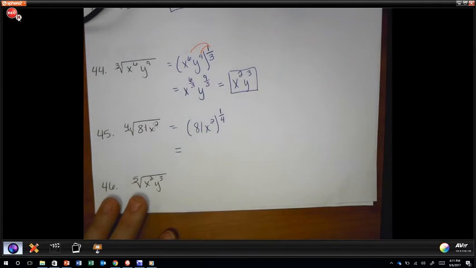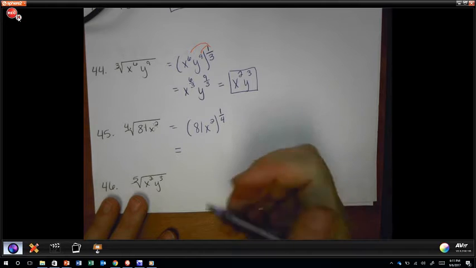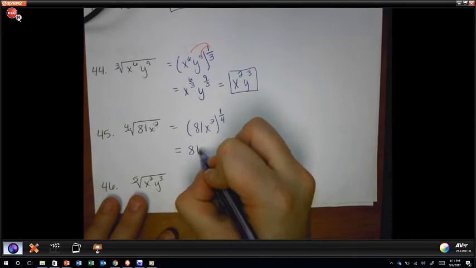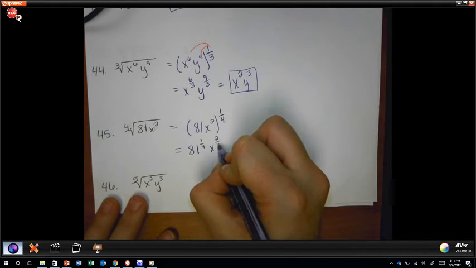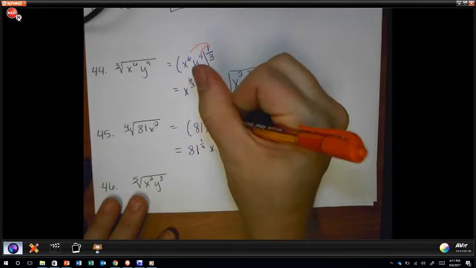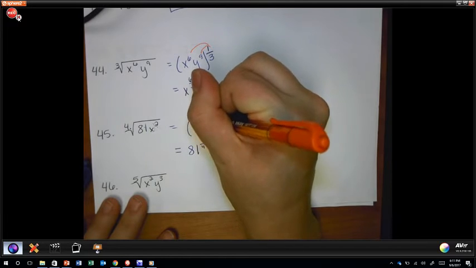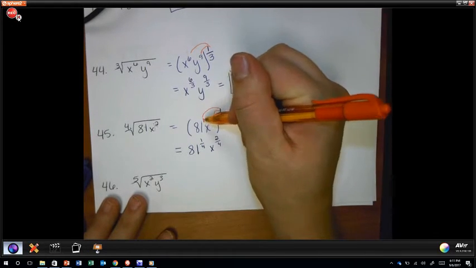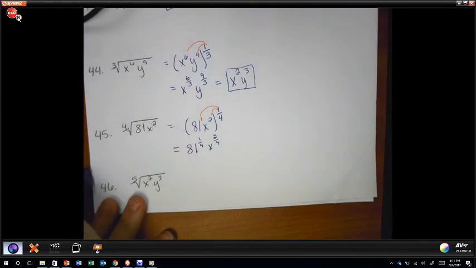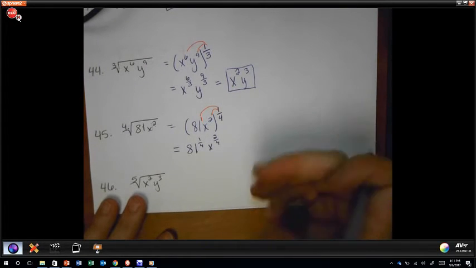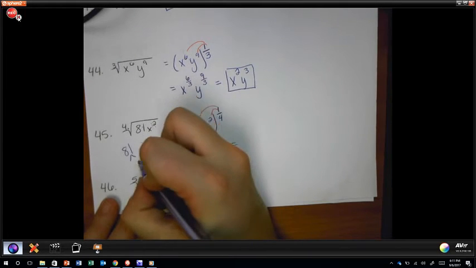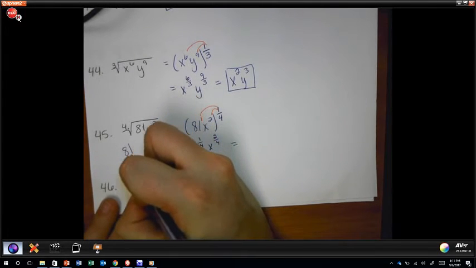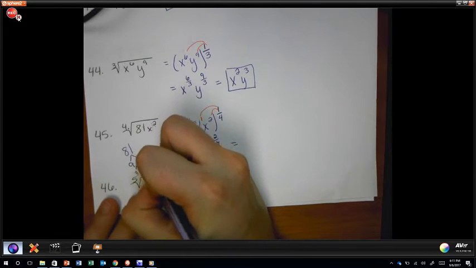So, I can take 81 to the 1/4 and x to the 2/4 by multiplying my exponent. Remember, your coefficient has an exponent of 1. I know that 81 factors to 9 and 9, 3, 3, 3, and 3.